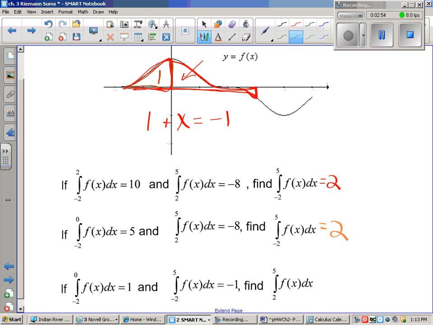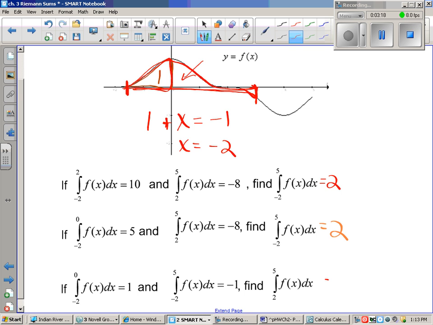Does that make sense to you? Of course, it doesn't in this picture, but I want you to follow what this is basically saying. If from negative 2 to 0 is 1, and from negative 2 to 5 the whole picture represents negative 1, then 1 plus that area has got to equal negative 1. And so the answer is negative 2.